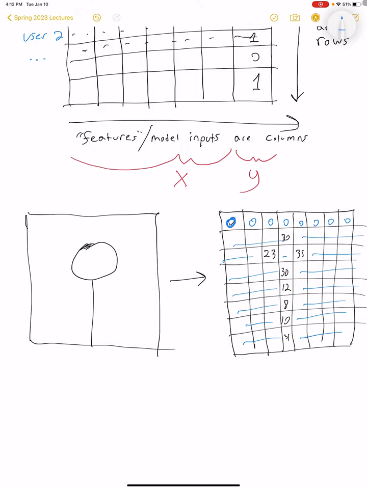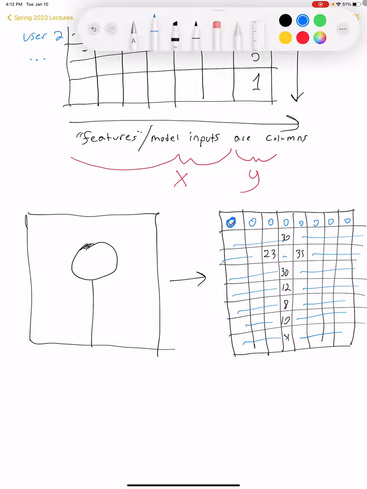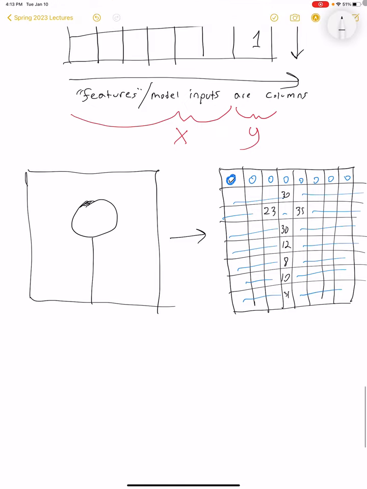So the x would be the image and the output would be some y. Any questions on that concept? Okay, so now we're making predictions from images.